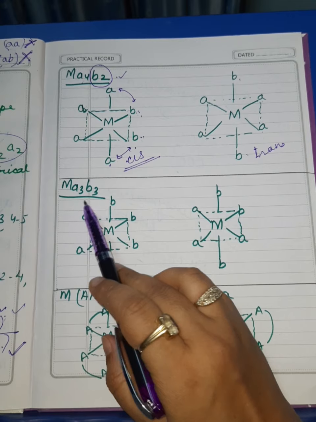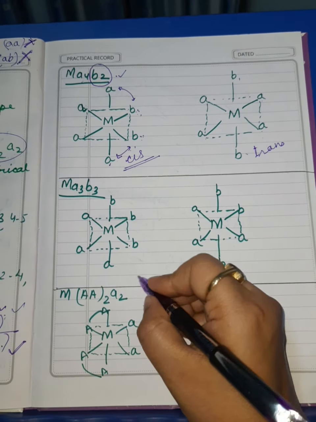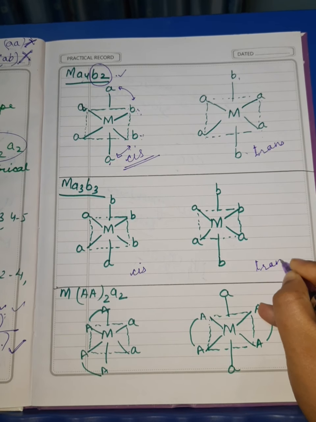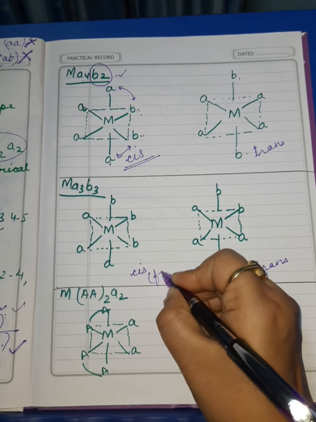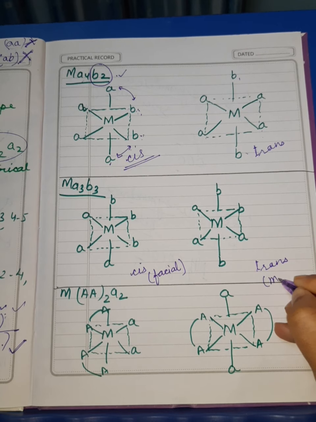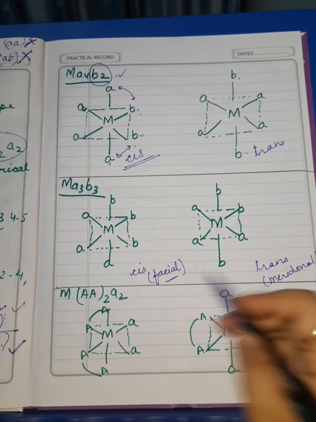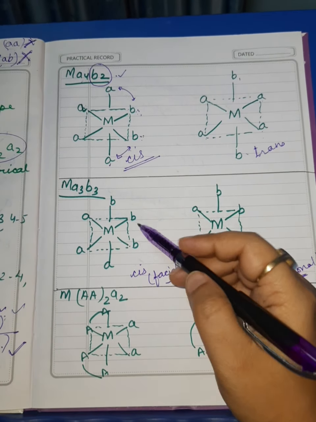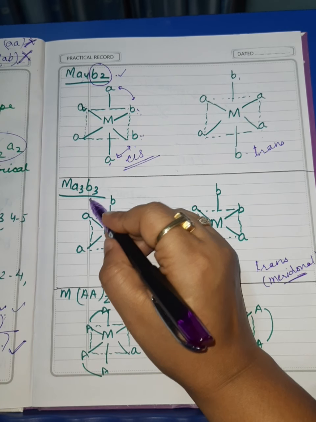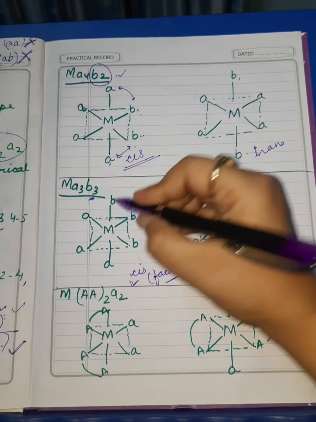When I say about MA3B3, we can definitely have two isomers, cis and trans. Its cis form is also called facial isomer, and its trans form is also known as meridional isomer. Now, what is the meaning of facial and meridional isomer? In case of cis isomer, 3 similar ligands occupy a face of the octahedron.